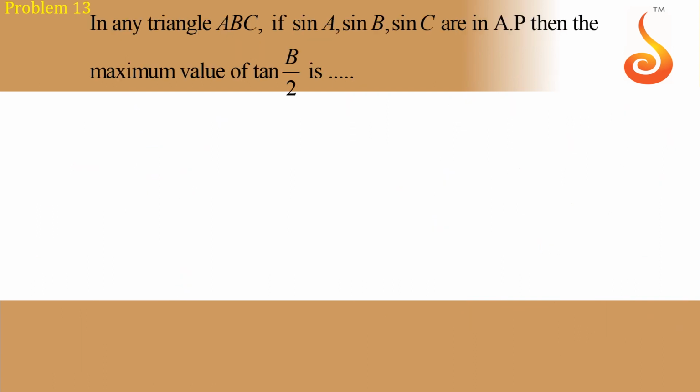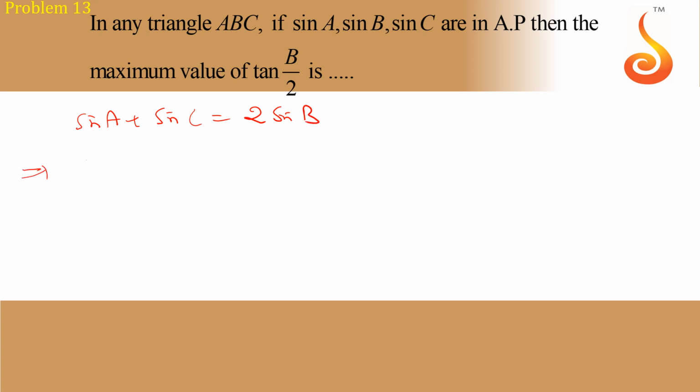Next problem. In any triangle ABC, if sin A, sin B, sin C are in AP, the maximum value of tan B by 2 is. So when sin A, sin B, sin C are in AP, can I write sin A plus sin C equal to 2 sin B?